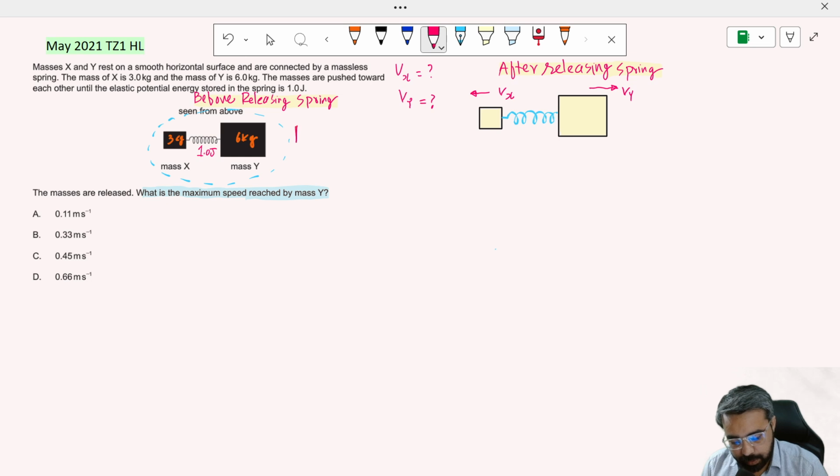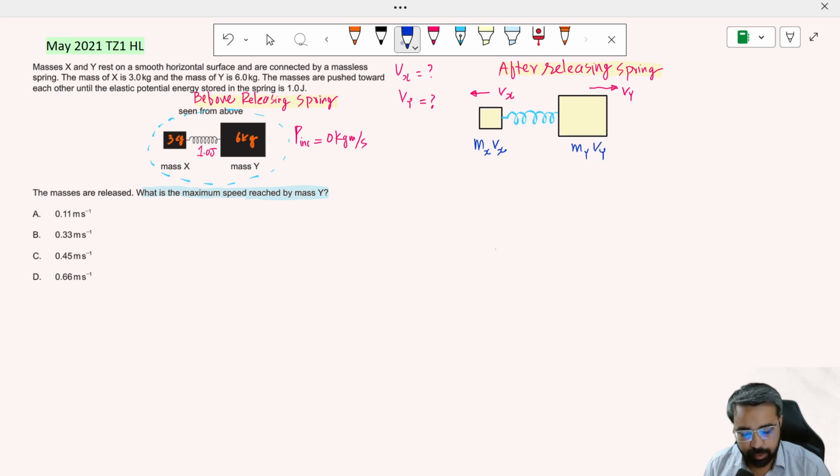What is the total initial momentum? So dear students, that is 0 kilogram meter per second, because both are at rest. But what is the momentum of both blocks? We can say it is mx vx, and this is my vy.